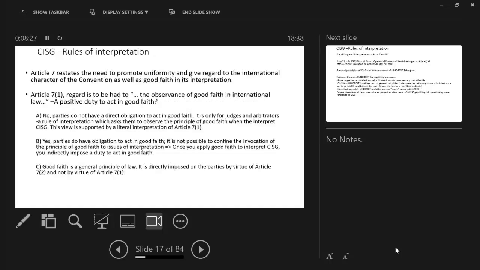Rules of interpretation. Article 7 restates the need to promote uniformity and give regard to the international character of the convention, as well as good faith in its interpretation.